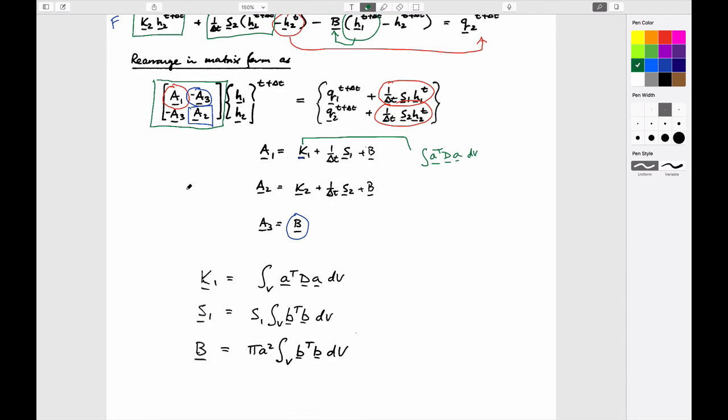I guess we've never really gone into it in any detail, but most finite element codes, because they are symmetric, take a matrix and they would typically save only the parts that exist including and above the leading diagonal. So they don't bother keeping the stuff here because they know it's a mirror image of the stuff above it.